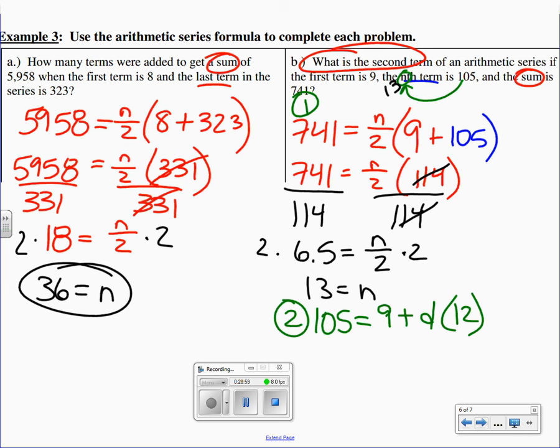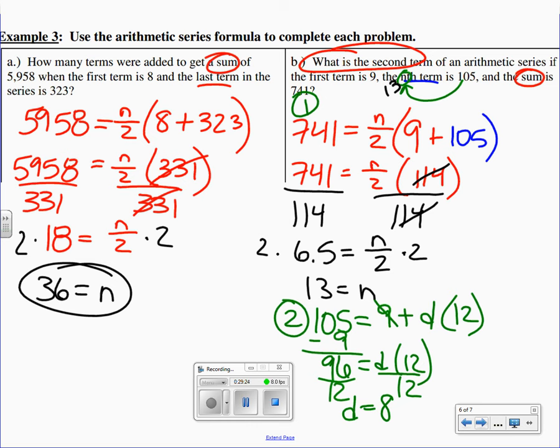Okay, Anna, what would you do next right here? Very good. So that gives you 96. Yep. Divide by 12. What is D? 8. Okay, what are they asking for?